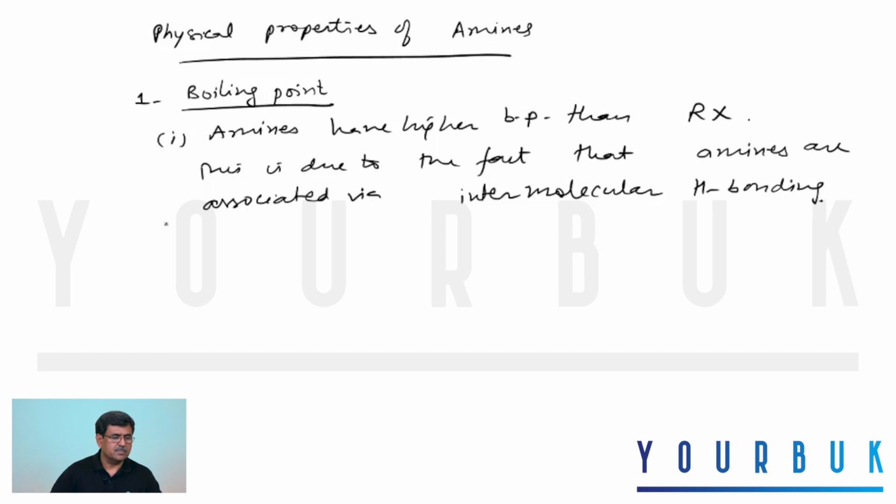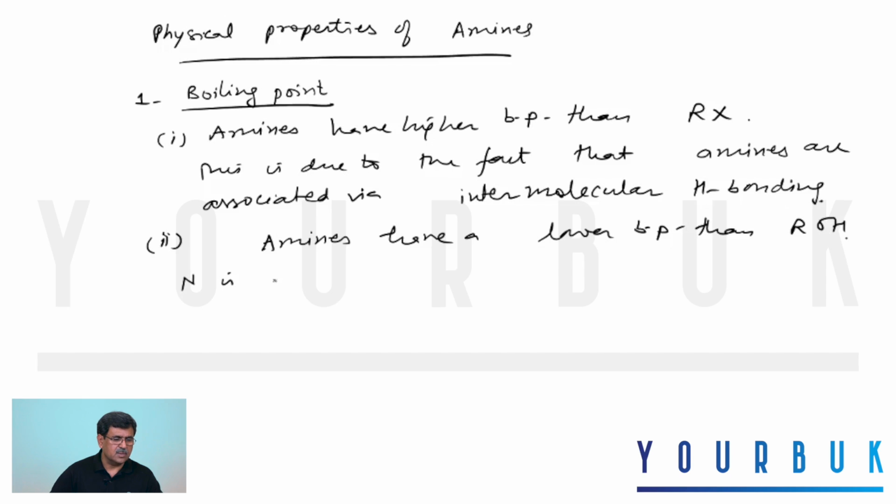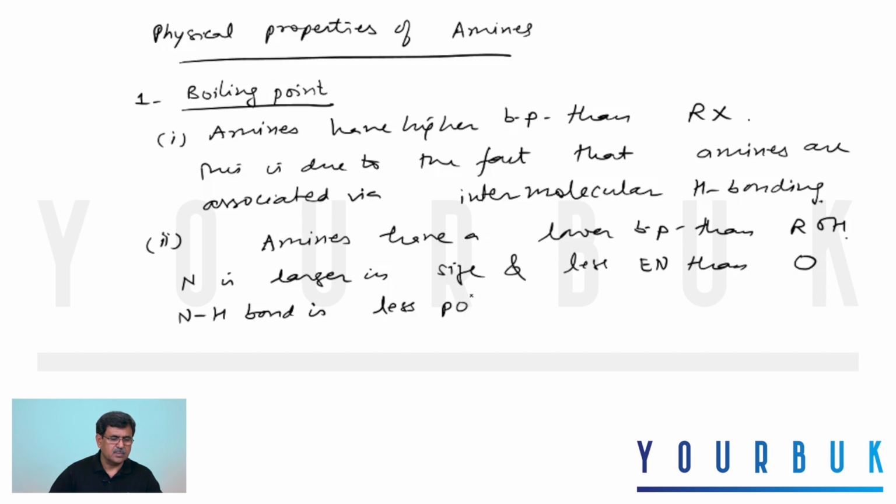Now the second point is that amines have a lower boiling point than alcohols or carboxylic acids. The reason is that nitrogen is larger in size and less electronegative than oxygen. Therefore, the NH bond is less polar than the OH bond.